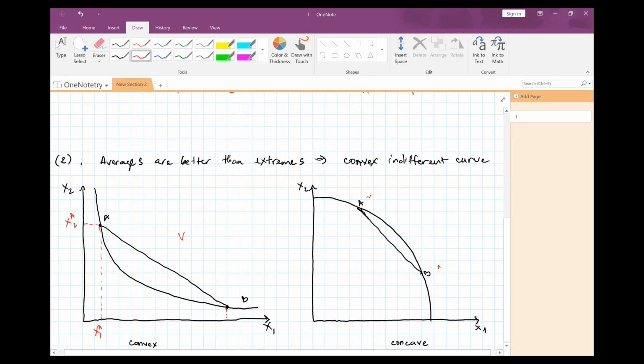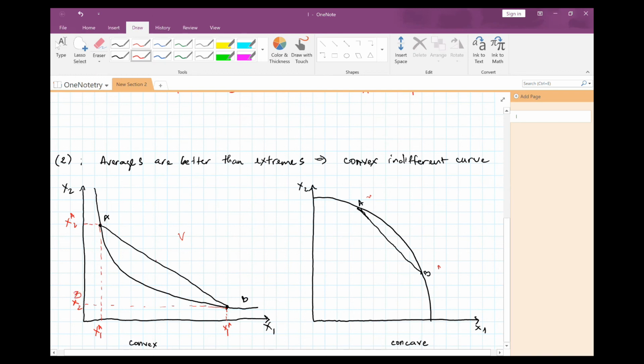And on the opposite, at B you have a lot of x1 but only a few of x2. So those 2 points are quite extreme.